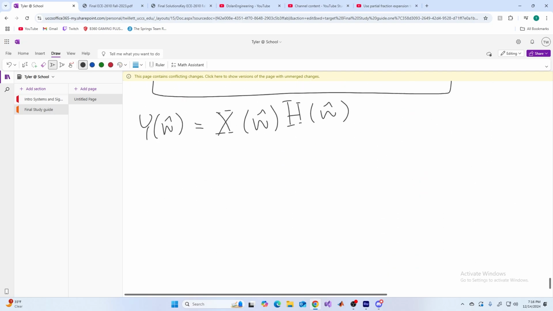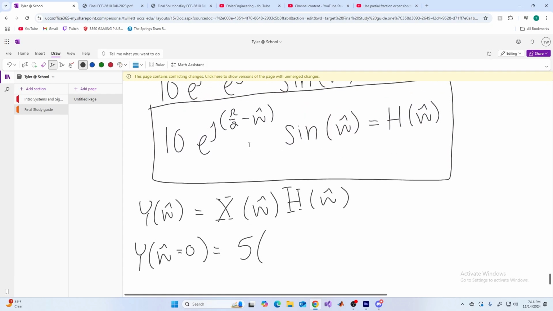So we'll have y of w hat at 0. Our x sub w hat was just equal to 5, and we'll have everything here: 10 e to the j pi over 2 minus 0 and the sine of 0.